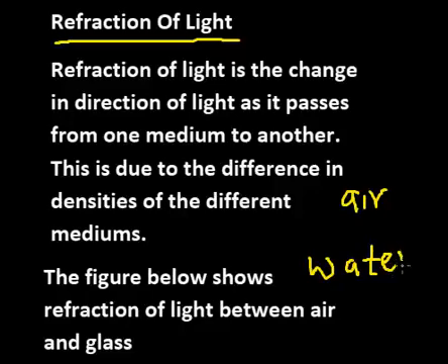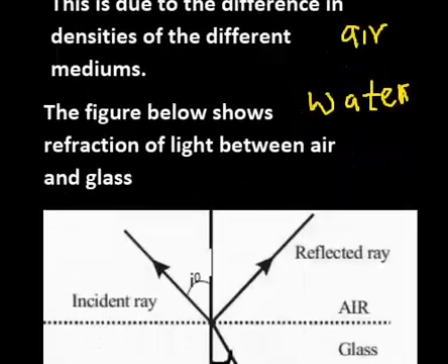Normally we are told, from the rectilinear propagation of light, that light travels in a straight line, and that is true when the light is moving through the same medium. But once light moves from one medium to another, due to the difference in densities of the two mediums, the ray of light will change direction, and that is the refraction of light.